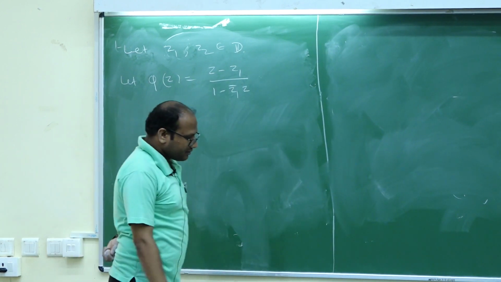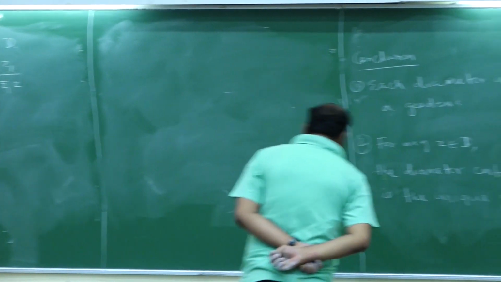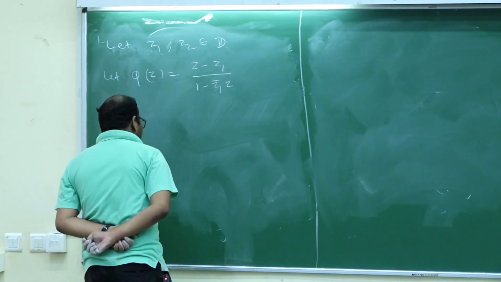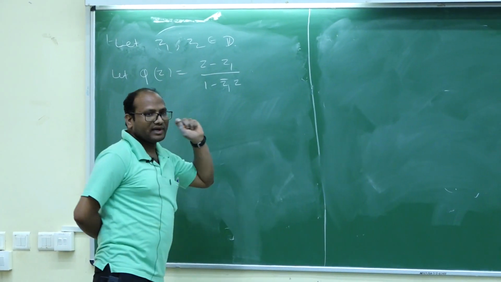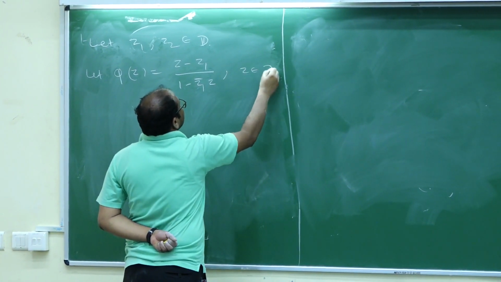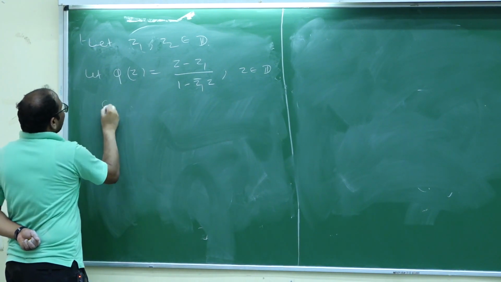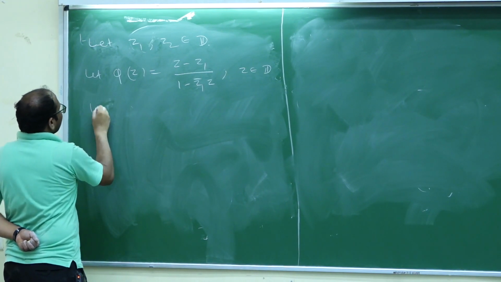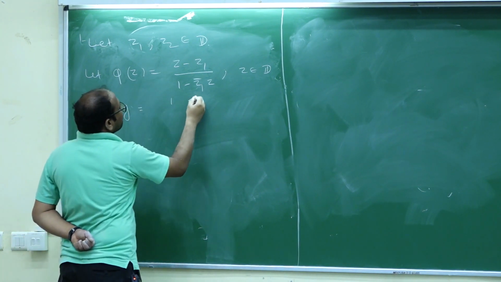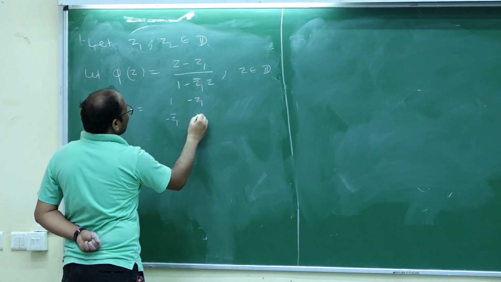If you have studied complex analysis, when you have calculated the automorphisms of the disc, you must have seen this. So let G be the matrix with entries 1, minus Z1, and minus Z1 bar.